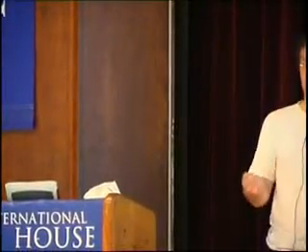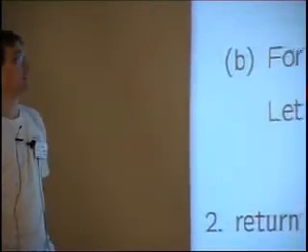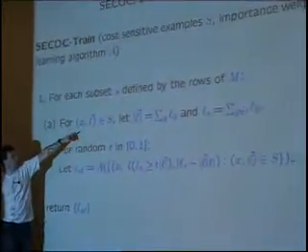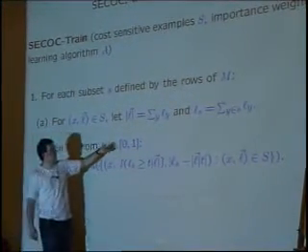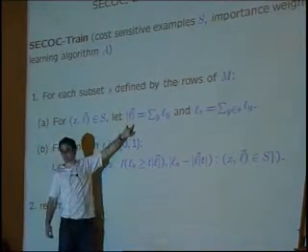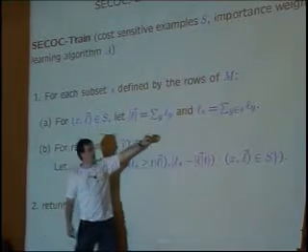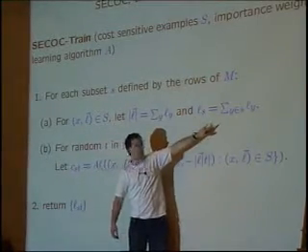So this is the training algorithm. You have your set of cost-sensitive examples as input, and you have your importance-weighted learning algorithm as input. And then for each subset of the matrix, and for each example, we're going to think about the sum of the costs and the sum of the costs inside of the subset.